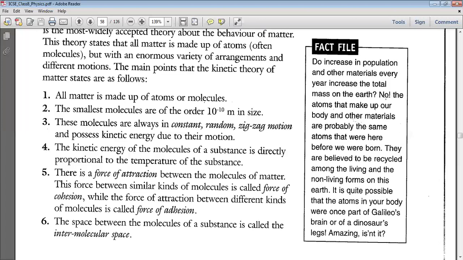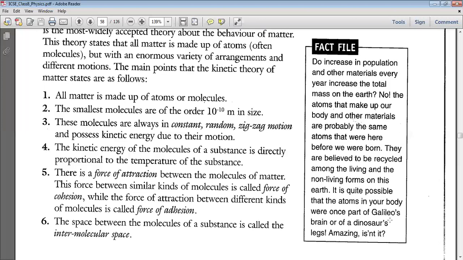Why? Because the atoms that make up our body and other materials are probably the same atoms that were here before we were born. So it is atoms which make us. They are believed to be recycled among the living and the non-living forms on this earth. It is quite possible that the atoms in your body were once part of Galileo's brain or of a dinosaur's leg. So the atoms continuously recycle in nature.